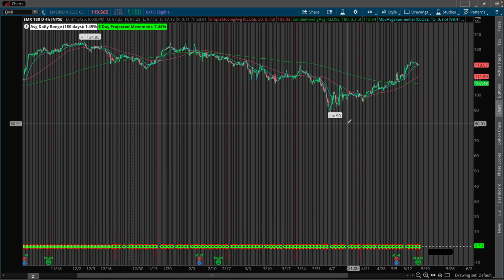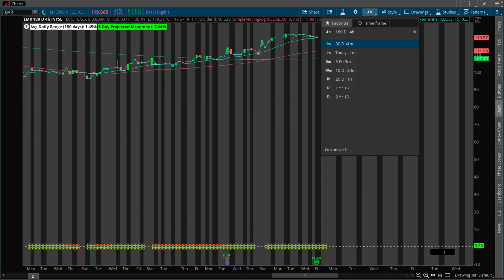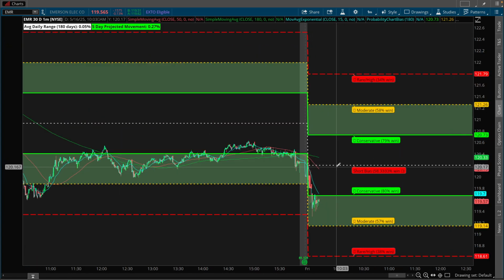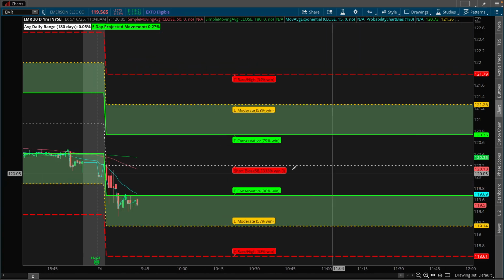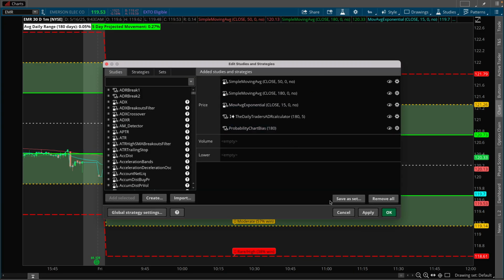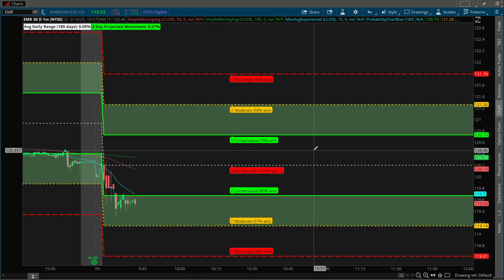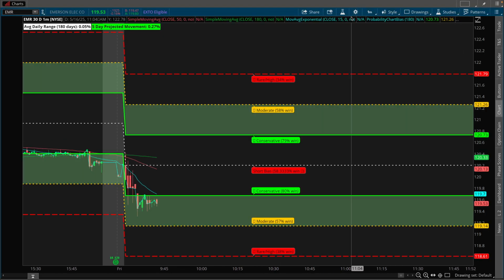And I am going to flip here to a 1 minute really quick. And this is something that I could potentially even code, but we're seeing over the last 180 days, we're looking at a short bias. Okay, short bias over the last 180 days, which is definitely interesting.